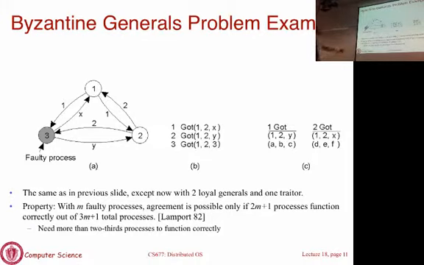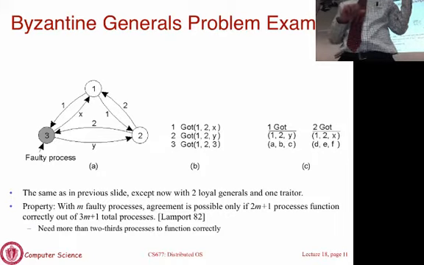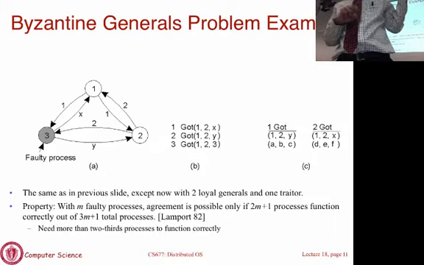Okay, so going back to that question that you raised here, that property is actually stated here. So with m faulty processes, agreement is possible if 2m plus 1 processes function correctly, and then you have 3m plus 1 voters. That's a property, as I said, we won't go into. And this observation was made back in the 80s, incidentally, which is 30 years ago.